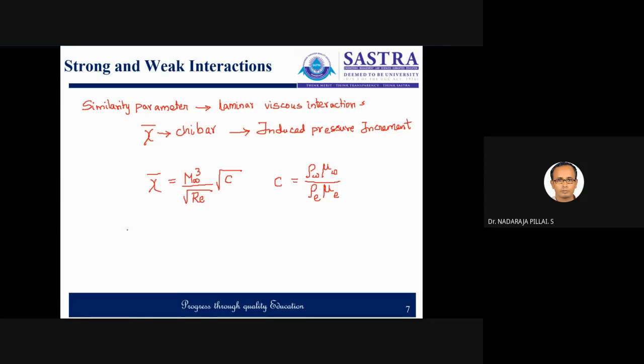Now, chi bar can define whether it is a strong interaction or weak interaction. As of now, let us note that when chi bar is greater than 3, we call it a strong interaction, and when it is less than 3, we call it a weak interaction.